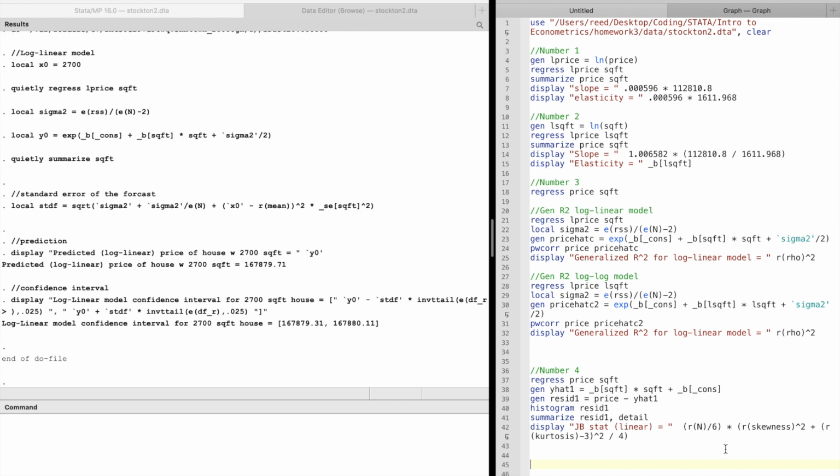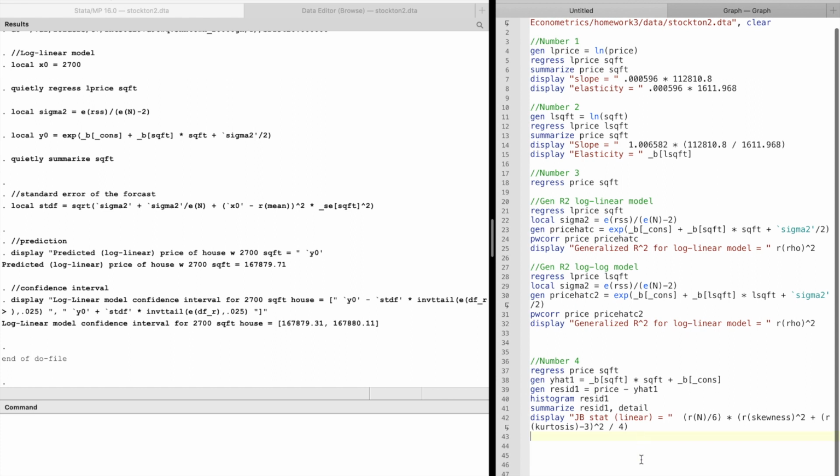So now let's do this for the log linear model. We already have the prediction from up here. That was price hat corrected. So let's use that to generate our residuals.